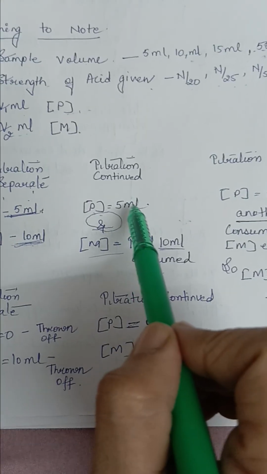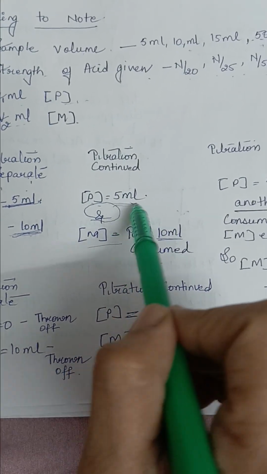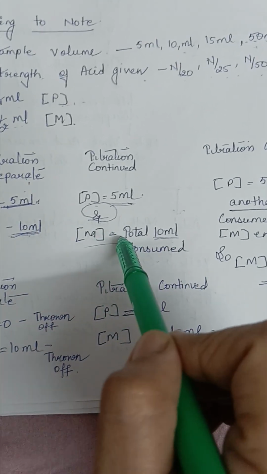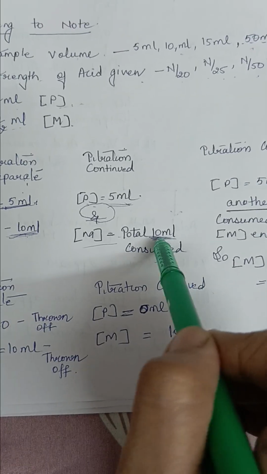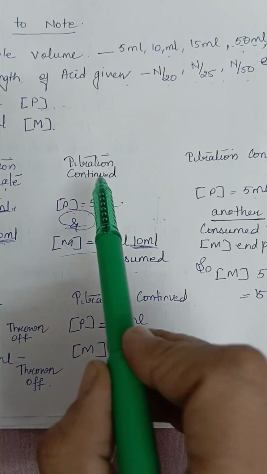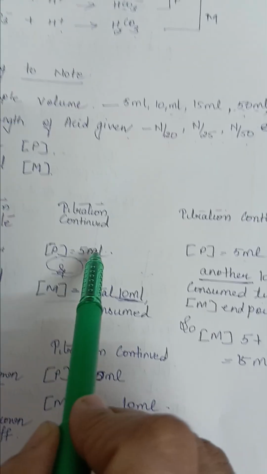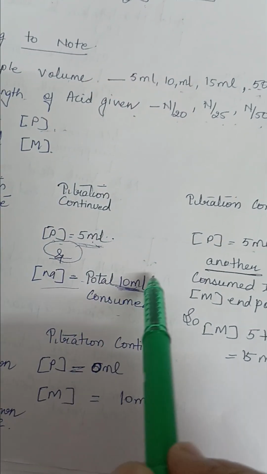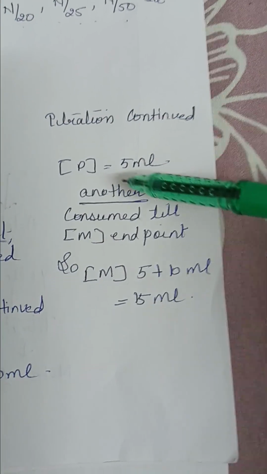It means that at V1 the burette reading was 5 ml, and when the methyl orange yellow color turned to pink, the burette showed 10 ml. So separate volumes have been noted, P as 5 ml and M as 10 ml. The titration was continued.